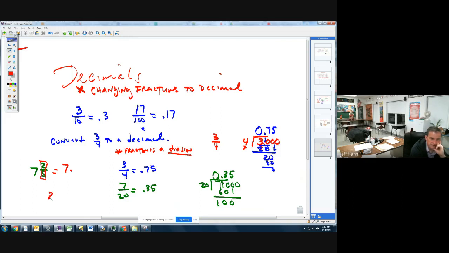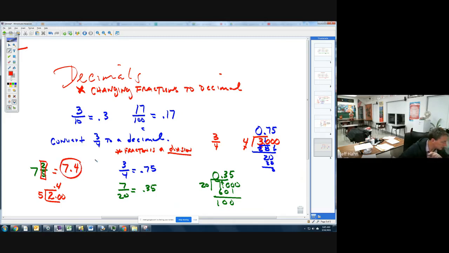We divide 2 by the 5. Remember the numerator divided by the denominator. I put my decimal. Oh, this one's nice because 5 goes into 20 right off the bat. It's just 0.4. So 7 2/5 is 7.4. And it's really just that easy.